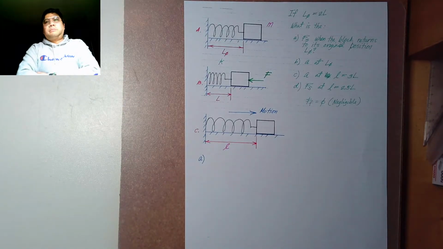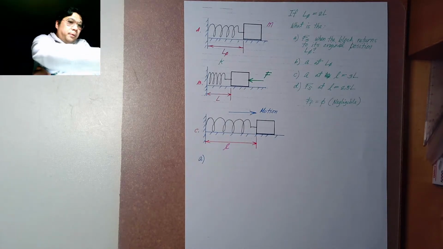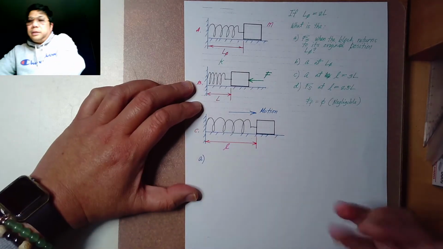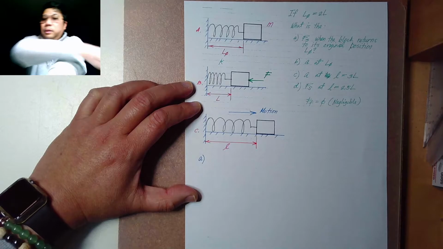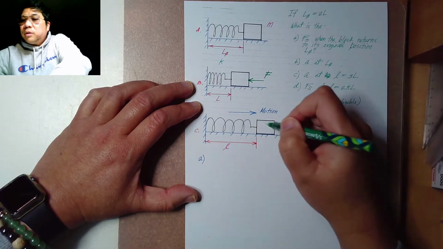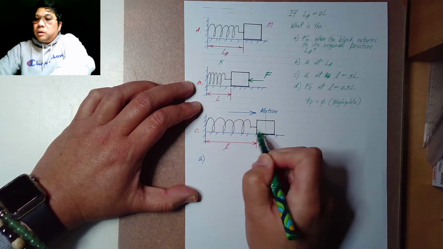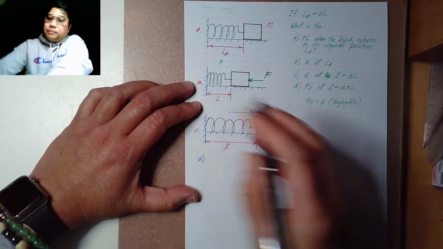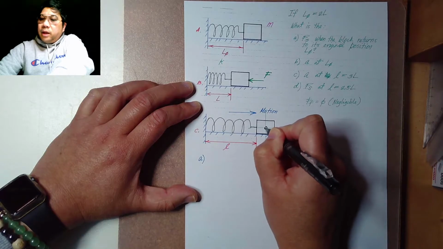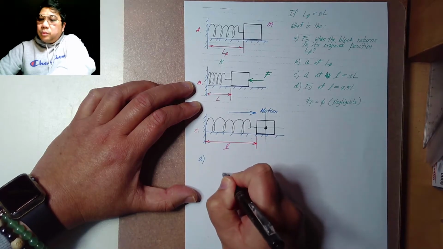Question letter A, this is the point where we have the dot, here. Let me just put this x and y coordinate. Now we have this dot. Let's start with a free body diagram.